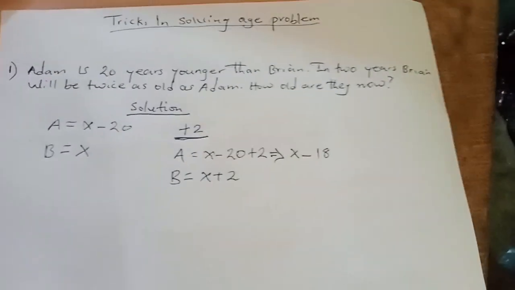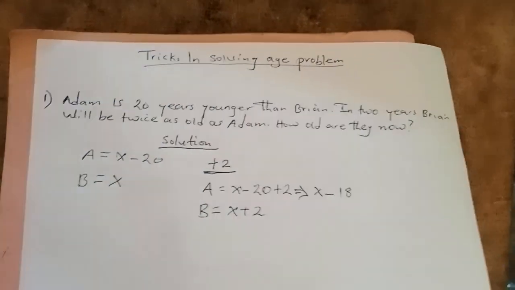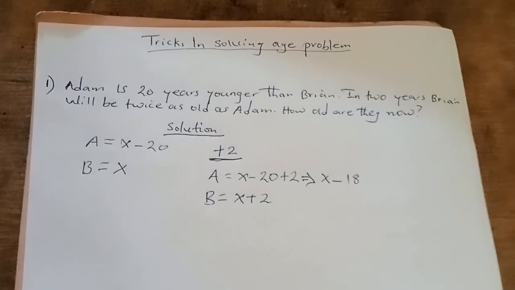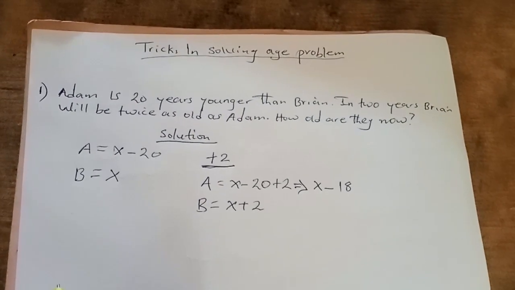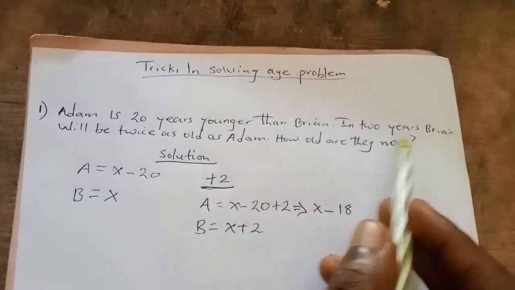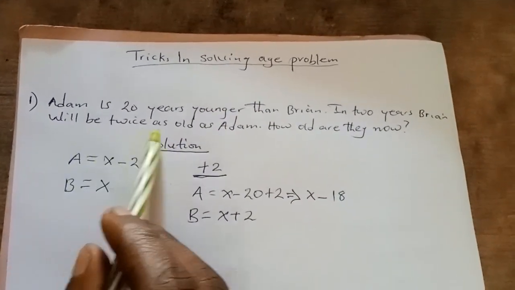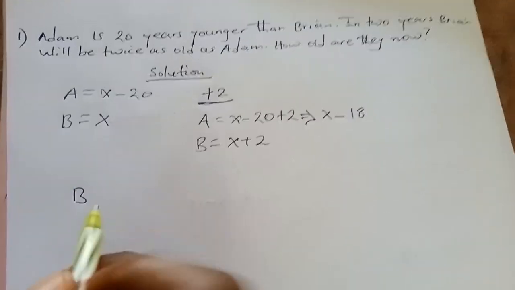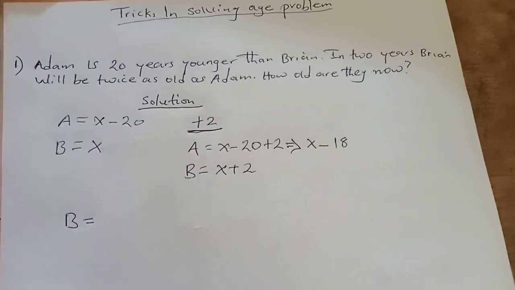Since it gave us negative 18, all we have to do is to set our equation. So our equation says in 2 years, Brian will be twice as old as Adam. Twice means 2.